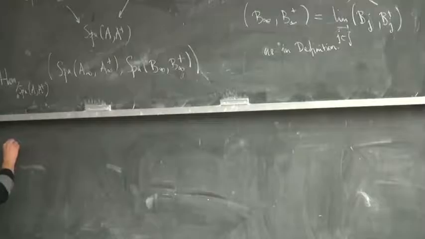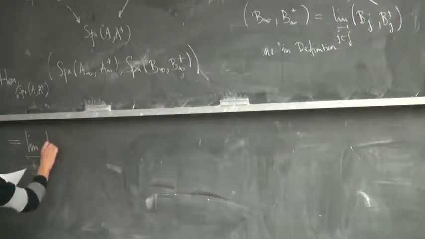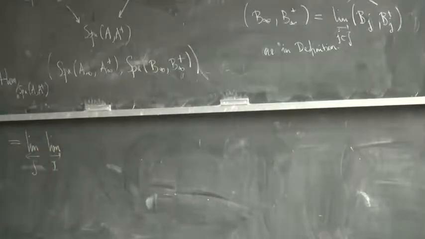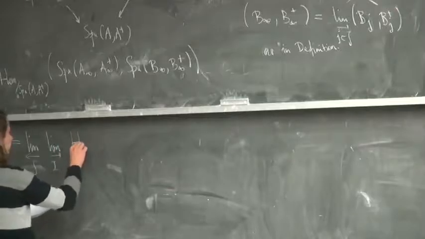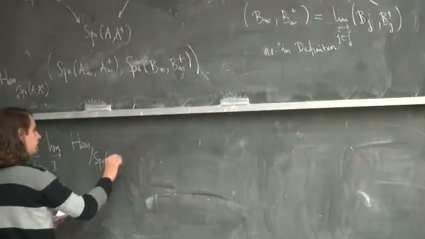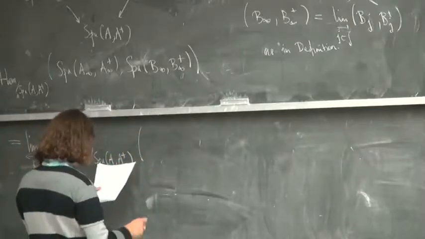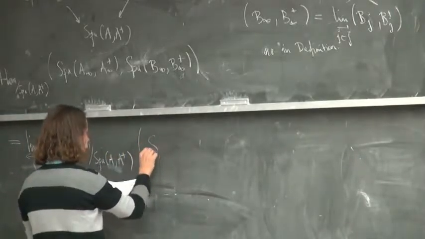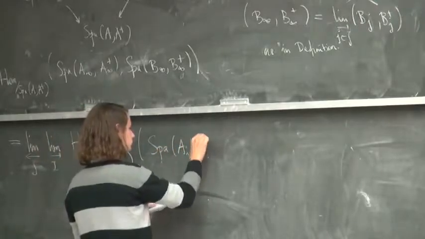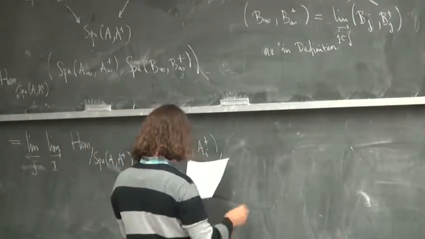So in other words, it's the same thing as, and I'm hoping I get the indexing right, the inverse limit over J plus the direct limit over I of homomorphisms over the base from Spa A.